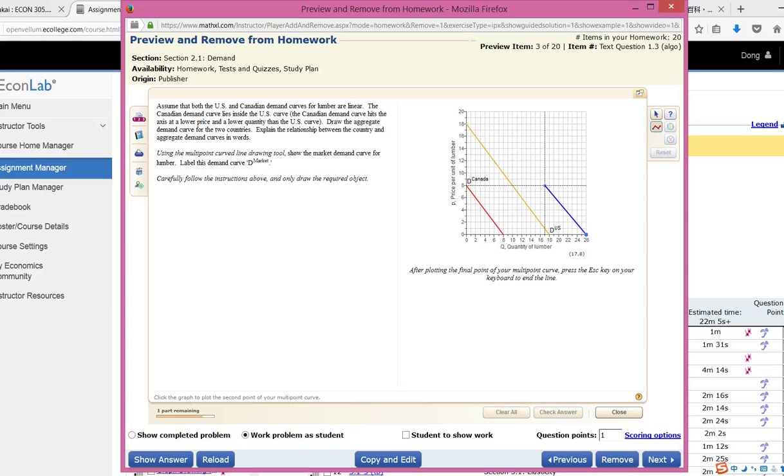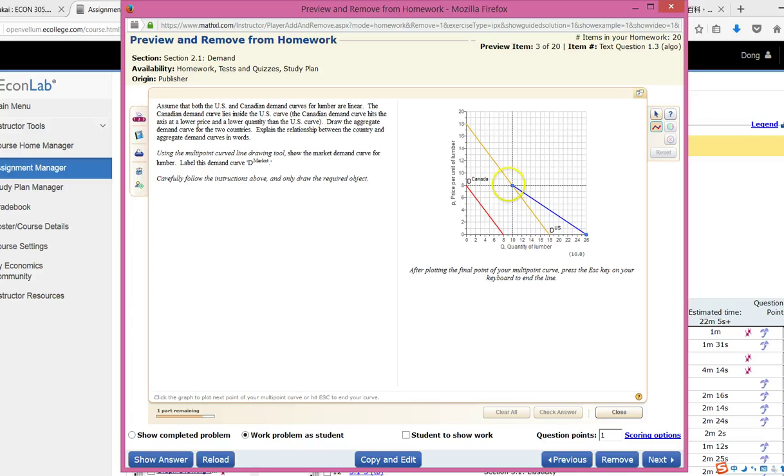So when the price is 8, the Canadian demand is 0, and the US demand, according to the scale here, is 10. Hence, the market demand equals the US demand, which is 10.